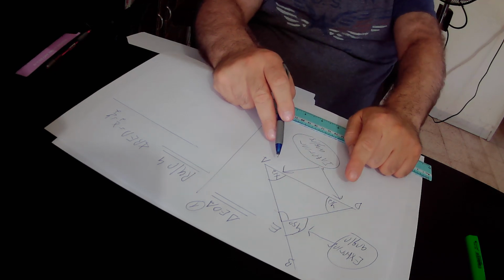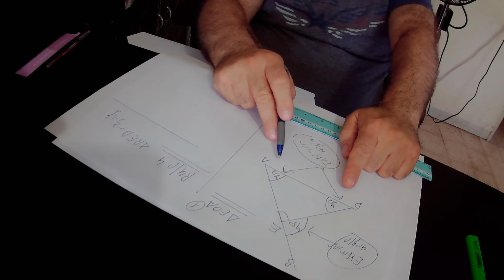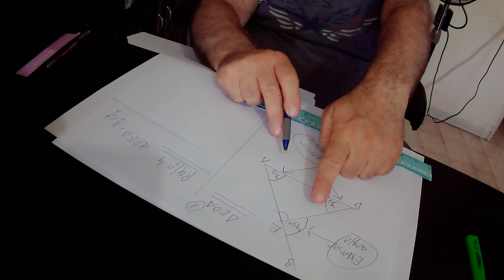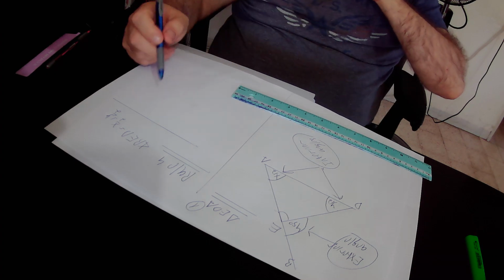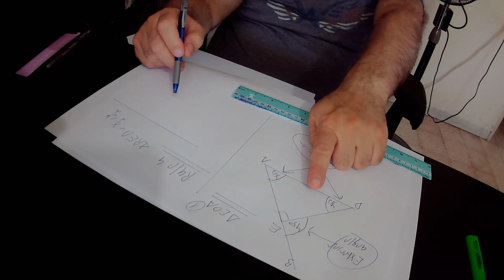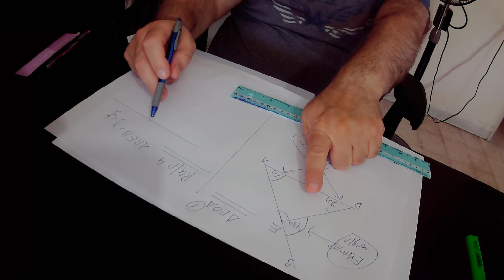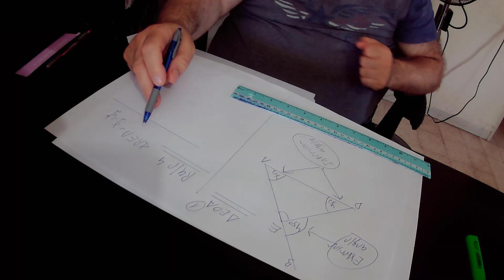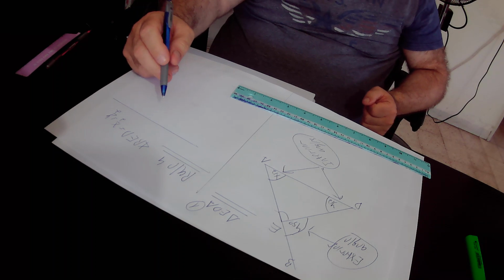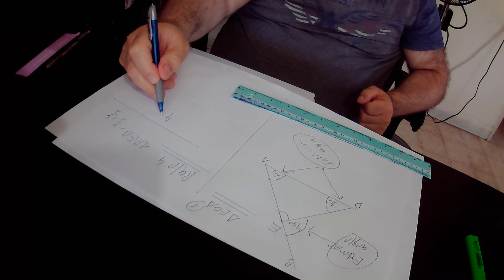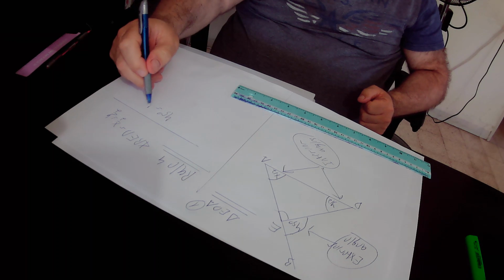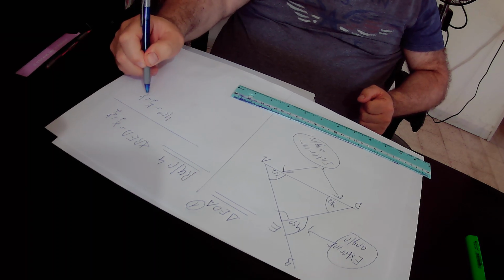And the sum of those two angles is of course x over 2 plus y over 2. And this is the size of this exterior angle, angle BED, according to rule 4. But it is given in the question that the exterior angle BED is 45. So we can substitute this angle BED by 45. We do it now and get that 45 equals x over 2 plus y over 2.